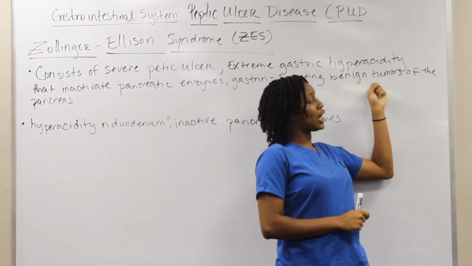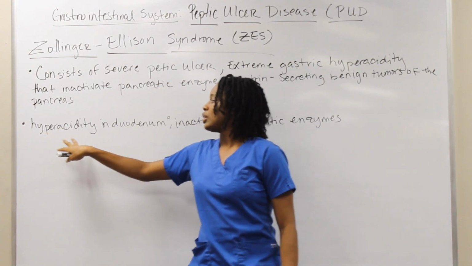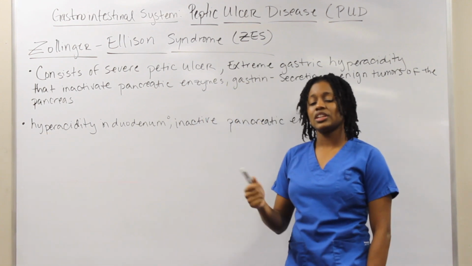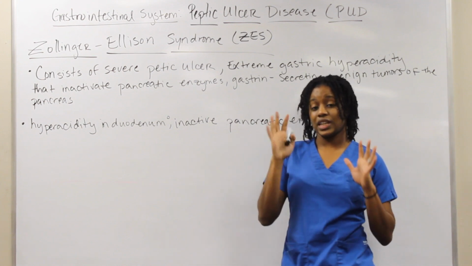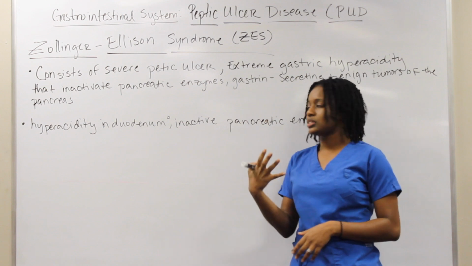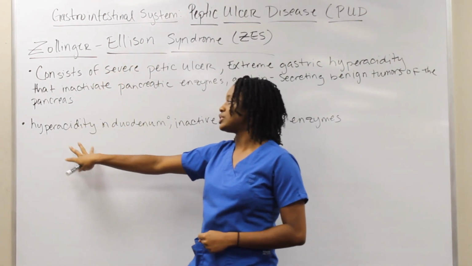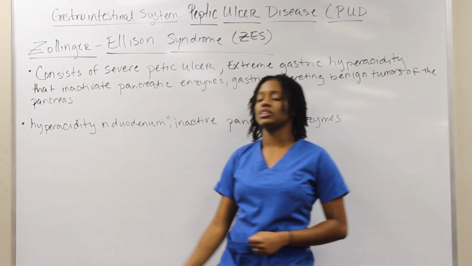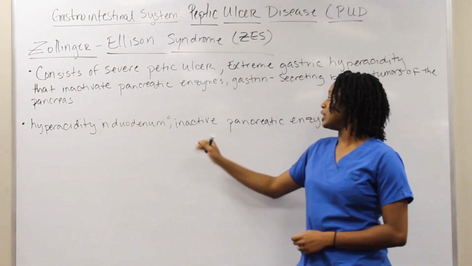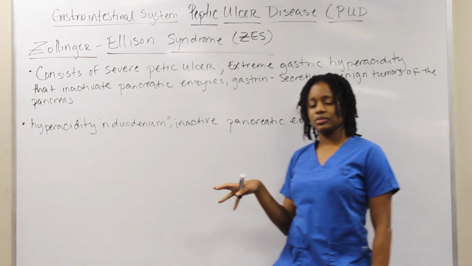It can be because of benign tumors of the pancreas. There's also hyperacidity in the duodenum, depending on where the ZES is. It can be in the small intestine or in the stomach. If it's in the stomach, it's hyperacidity in the gastric area. If it's in the duodenum, it's hyperacidity in the small intestine. And again, it does the same thing, it inactivates the pancreatic enzyme.